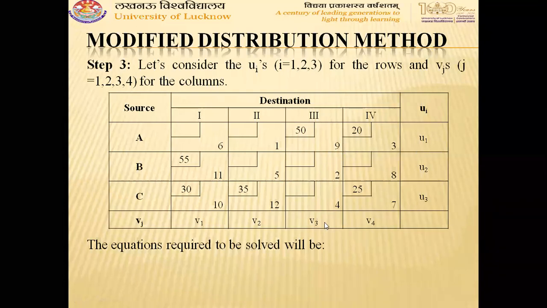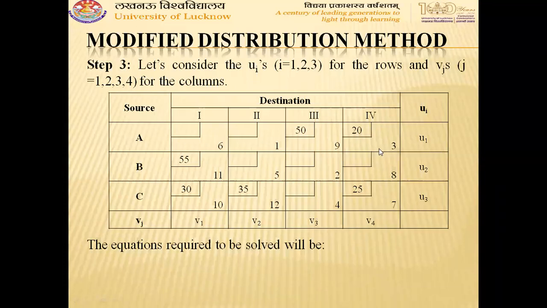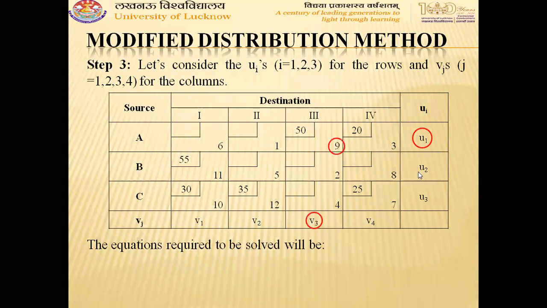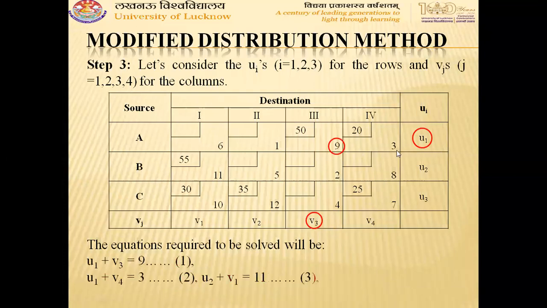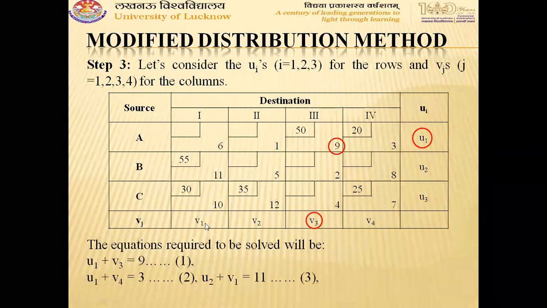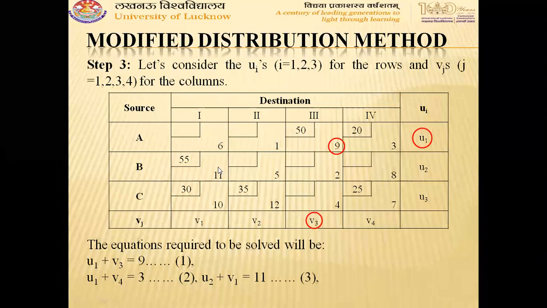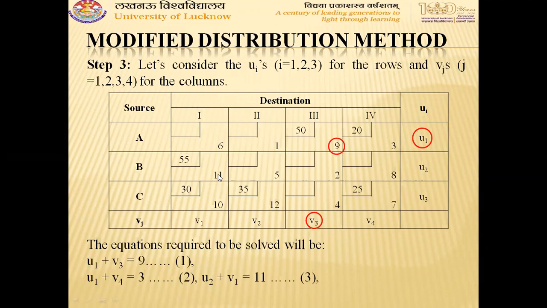Similarly, the second equation can be written as u1 plus v4 is equal to 3. The third equation can be written as u2 plus v1 equals 11. We are considering only allocated cells. Unallocated cells will not be considered.